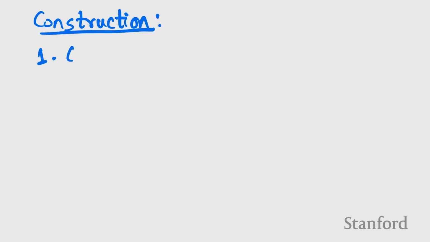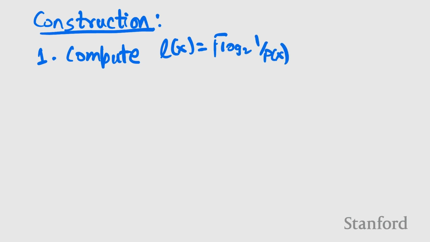Okay, let's do the construction. Step 1: you compute Lx, which is the function we just saw, the log of 1 over p(x), for each x. In this class, if you see a log and we forget to put the 2, just assume it's log base 2, unless otherwise stated.